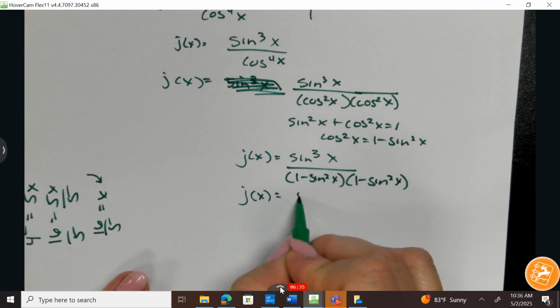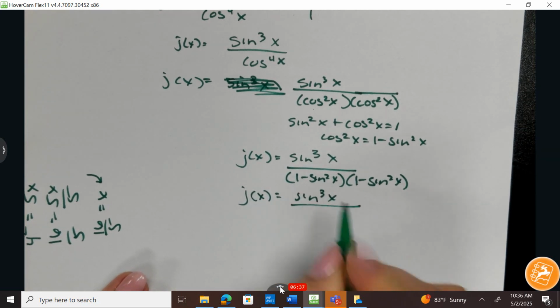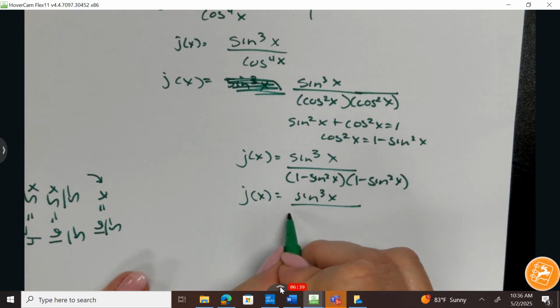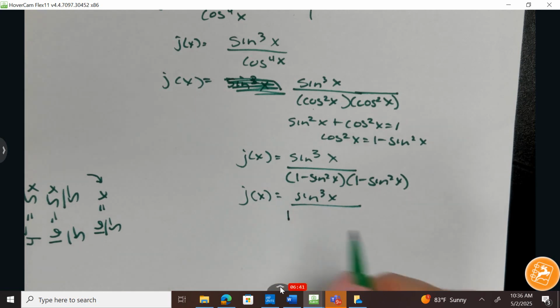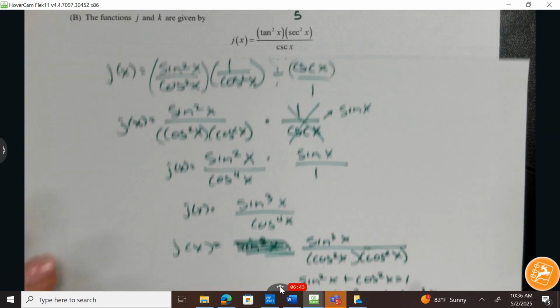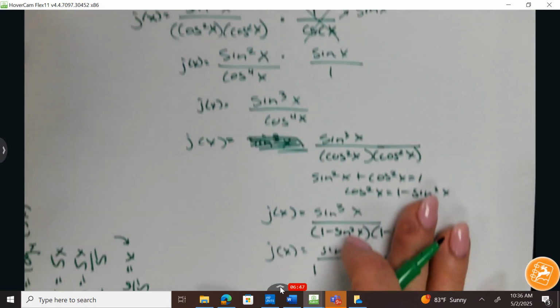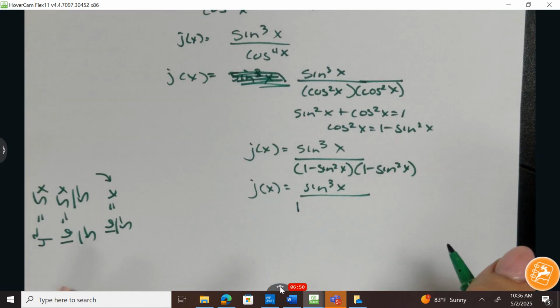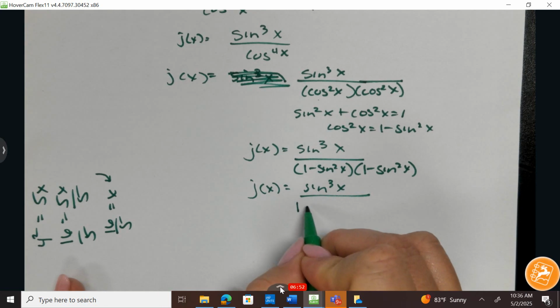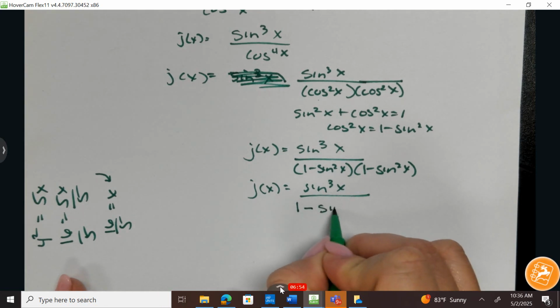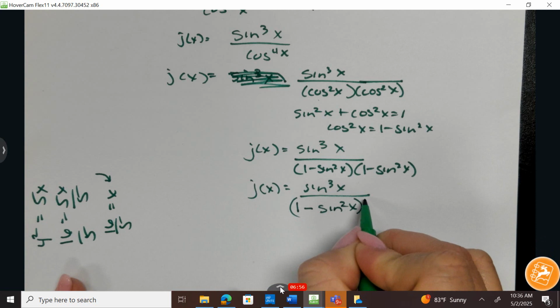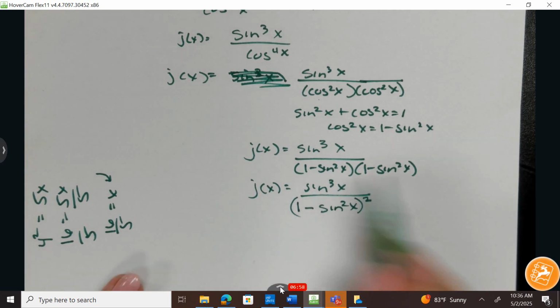Alright, so I have sine cubed x over, now if I FOIL this out, I have 1, does it say a single sine? I gotta go back. Involving powers of sines. Okay, it doesn't say a single sine. So then I would have 1 minus sine squared x to the 2nd power, because it's 2 groups of that.